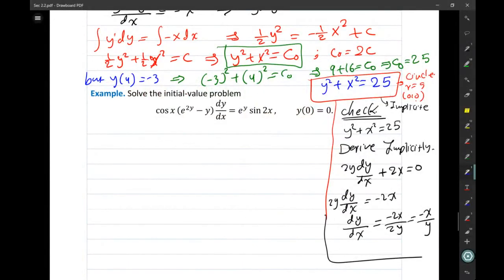I need all the students to try. Solve the initial value problem: cosine x times e to the power minus y dy dx is equal to e to the power y times sine 2x. Four minutes. I need you to try this example within 4 minutes. Let's go.